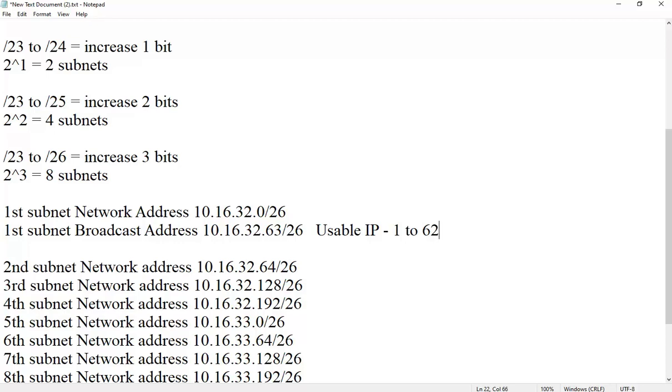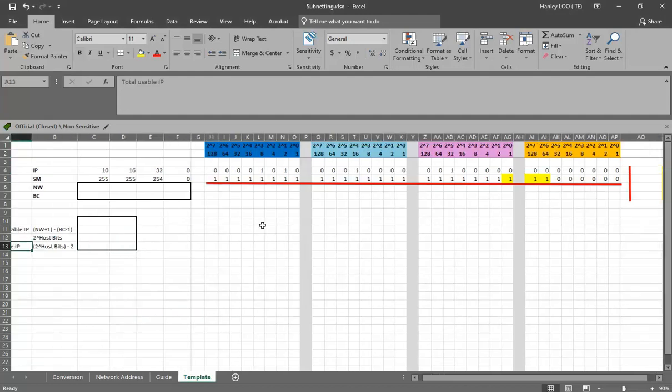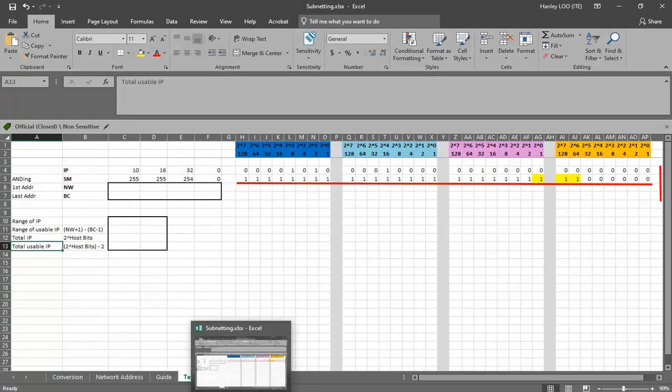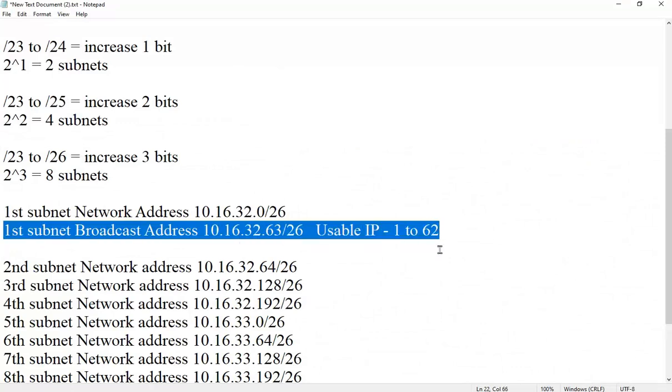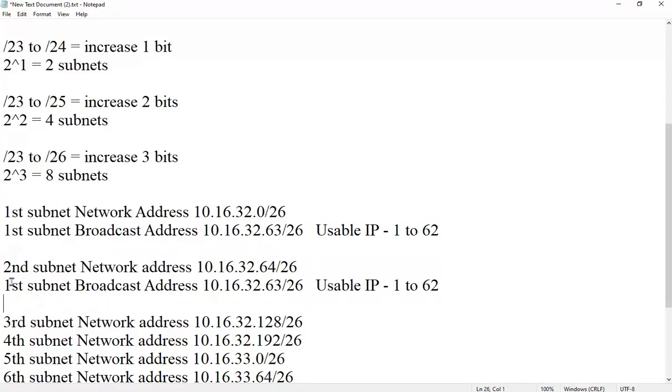So this is how we derive the usable address range, the network address, and the broadcast address. More or less it is quite similar to what we have gone through previously in the other subnetting video. So basically you just need to keep repeating this step for all the other groups.